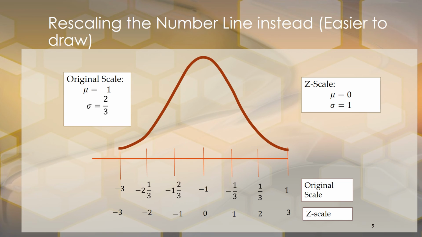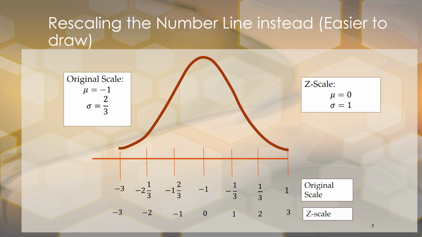So I showed you how to redraw the distribution, but it's a little easier just to draw the distribution and then redraw the number line. At the top of the number line, the top numbers are the original scale. So we have a mean of -1, and we go up by 2/3 each time to go to the right and go down 2/3 each time to go to the left.